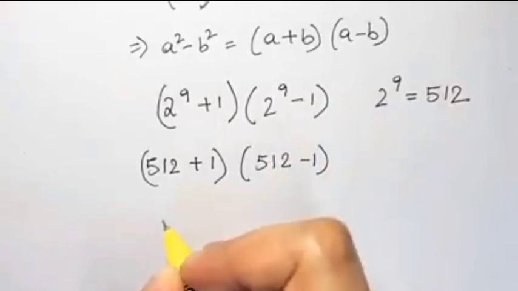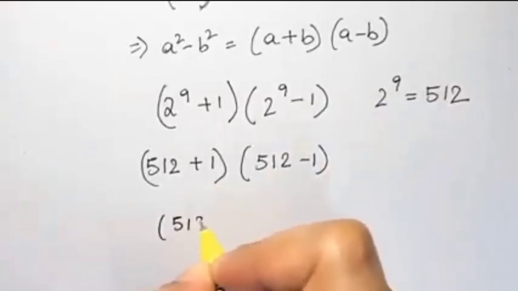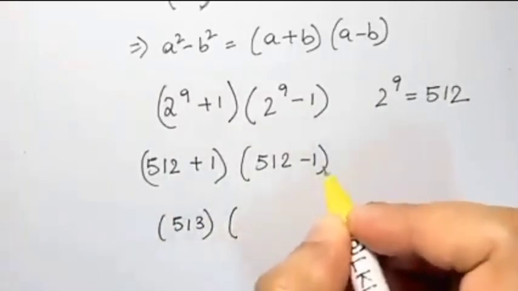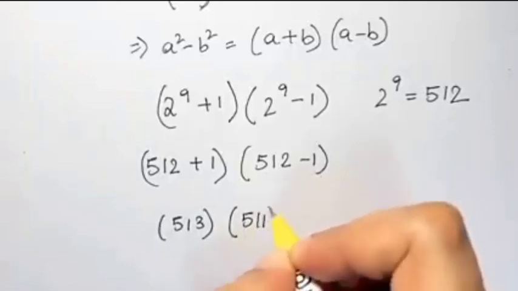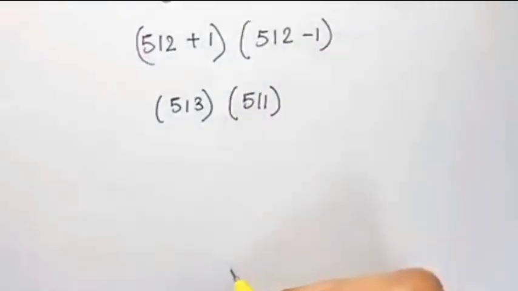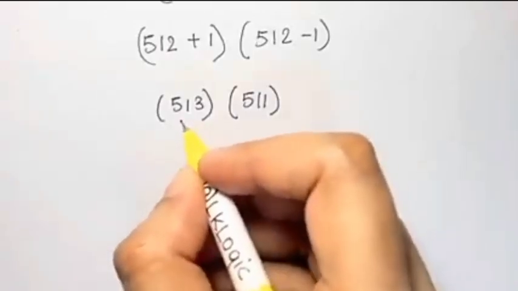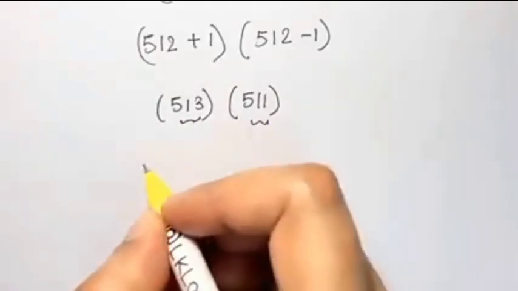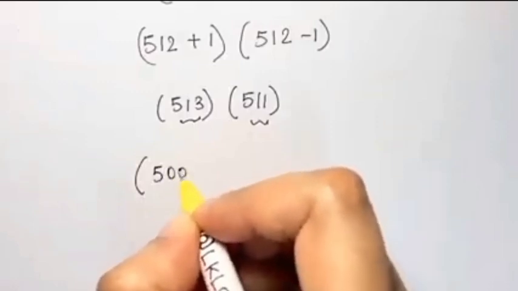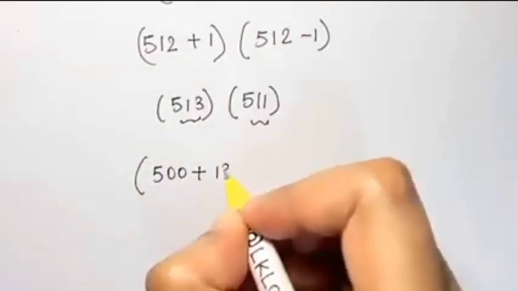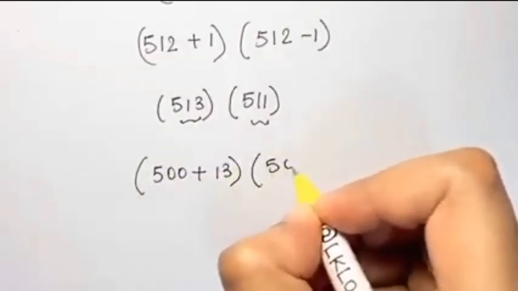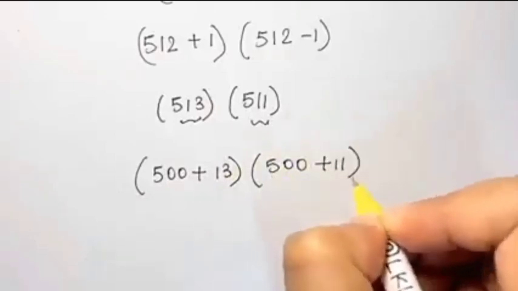So 512 plus 1 is 513 and 512 minus 1 is 511. So now we are just going to split both into 500 plus 13 times 500 plus 11.